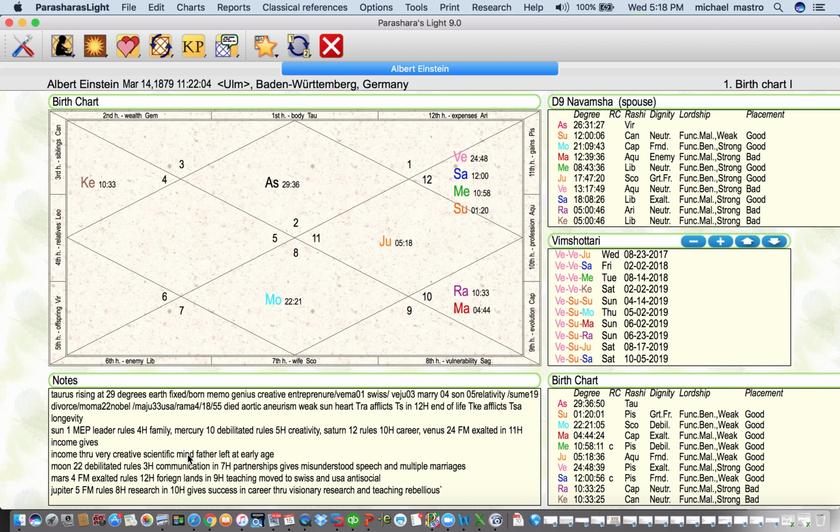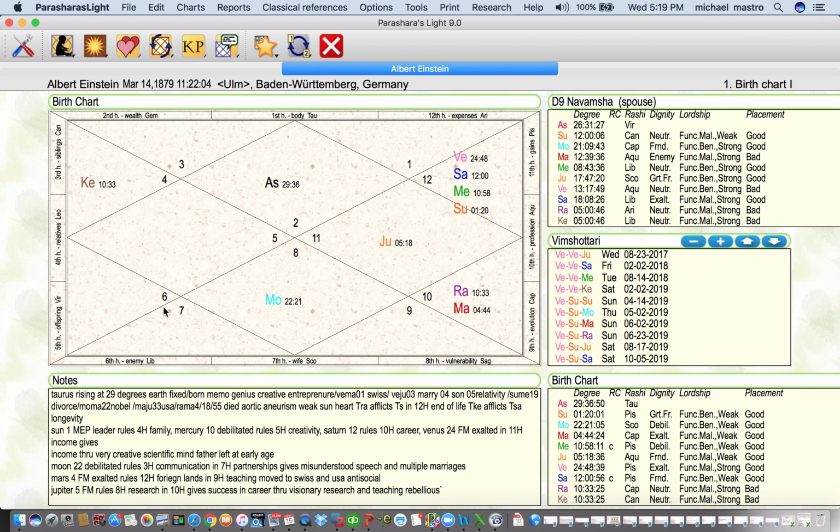The Sun is ruling family, and Mercury is ruling creativity. Saturn rules the 10th house of career, and Venus is exalted, and it's ruling the 6th house, which has to do with health and issues and conflicts and things like that.